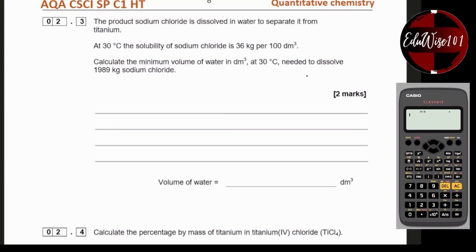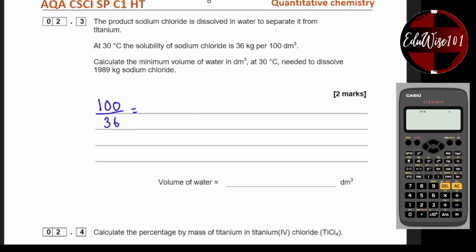Now, if I divide this 100 decimetre cubed by 36, I will get the amount of water that I need to dissolve 1 kilogram.